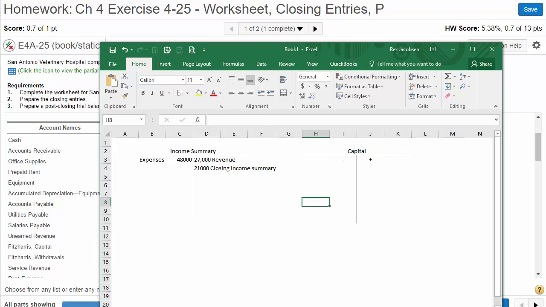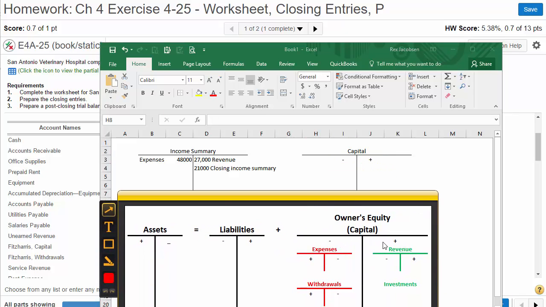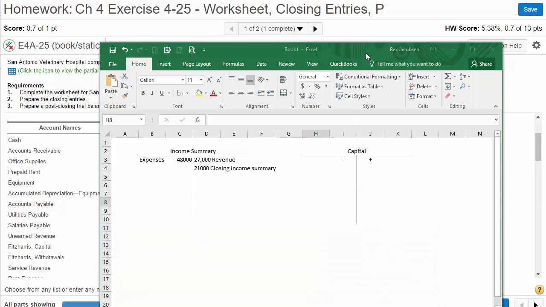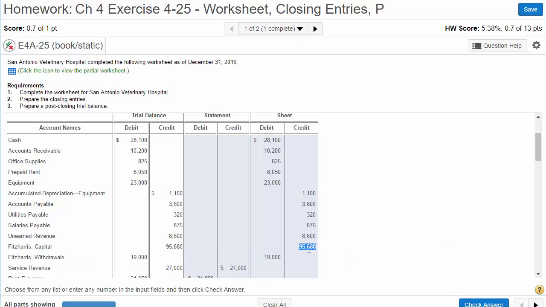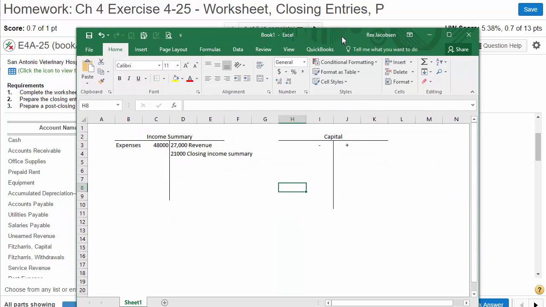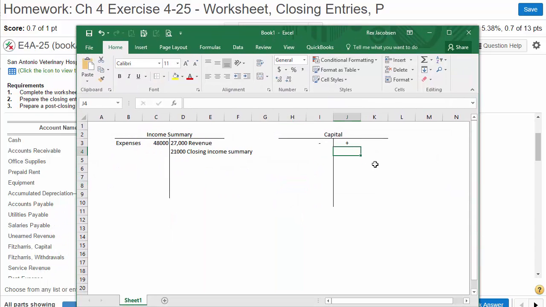Okay, which matches our cheat sheet, which says capital plus is on the right, minus is on the left. So our capital, we started with this $95,680 on the right side. So I'm going to paste that over here. Let me put it here so it looks better.